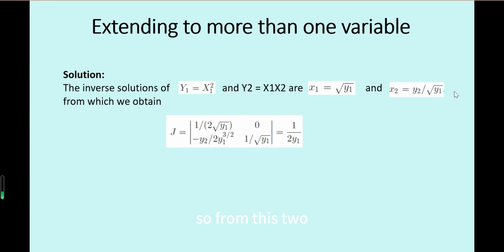From these two inverse functions, we get the Jacobian: partial x1 over partial y1, partial x1 over partial y2, partial x2 over partial y1, and partial x2 over partial y2. The result of this matrix determinant is 1 divided by 2 times y1.